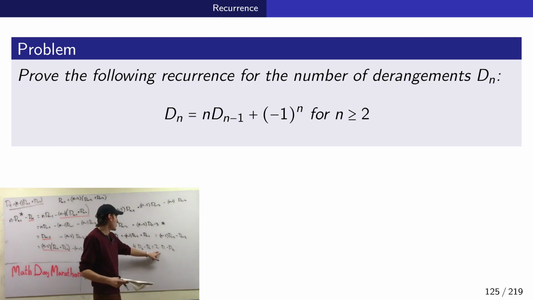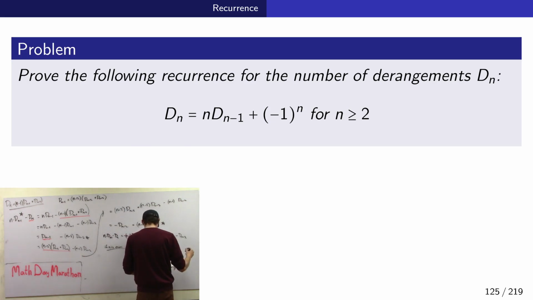What we know about derangements, there's no derangements of a 1-element set. There's 1 derangement of a 2-element set. So this is equal to negative 1.